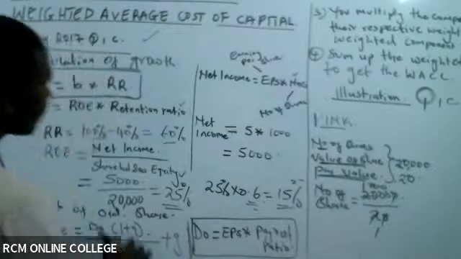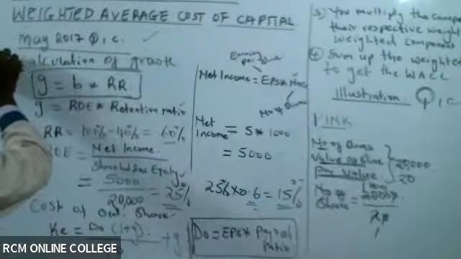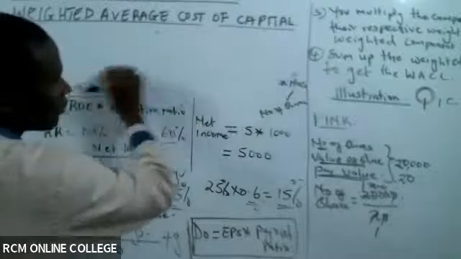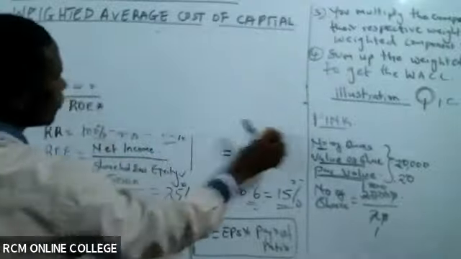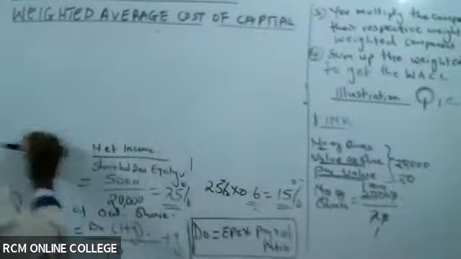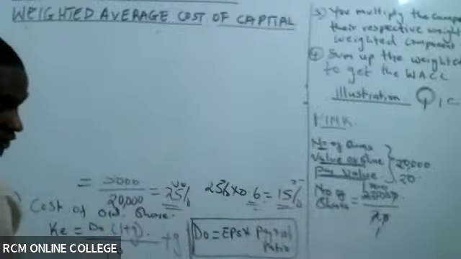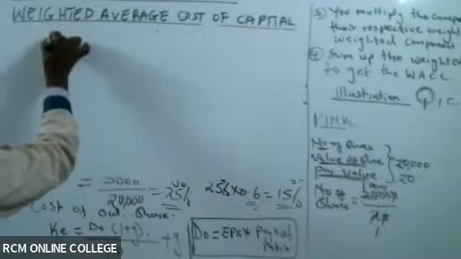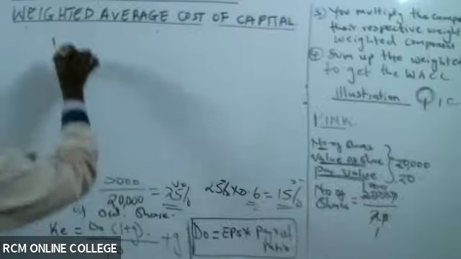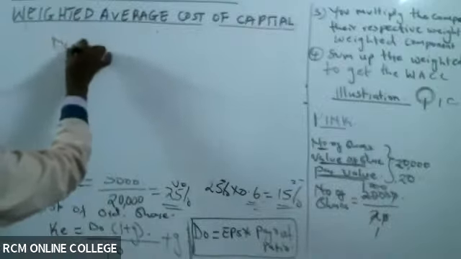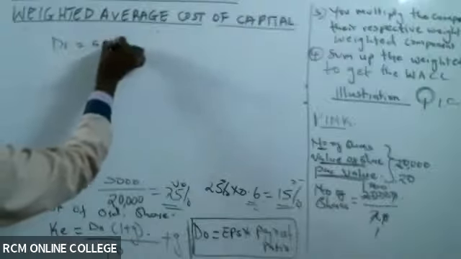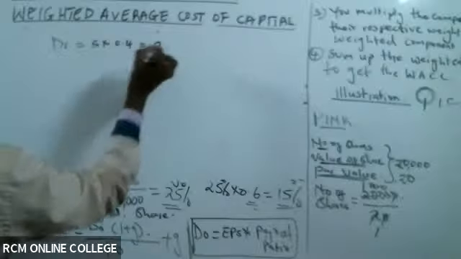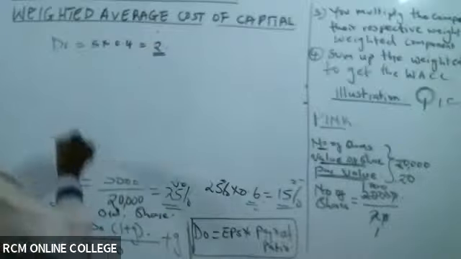What is our D0? Somebody is giving us the D0. I've been given 2. So D0 is equal to 5 times 0.4, which will give you 2 shillings.